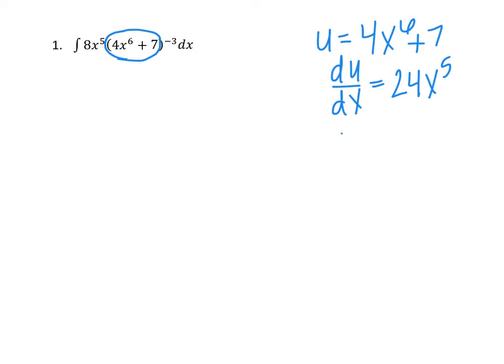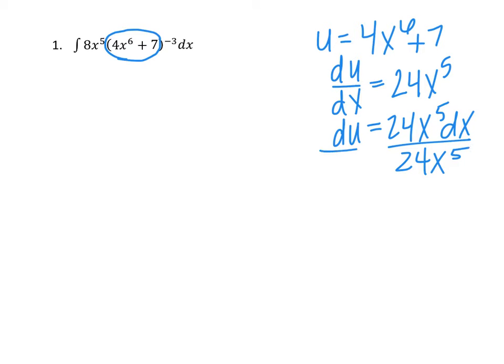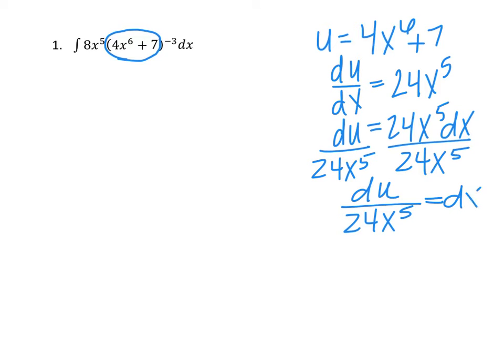So I'm going to multiply both sides by dx. And the last step is to divide by 24x to the 5th. So you can see that du over 24x to the 5th is equal to dx.